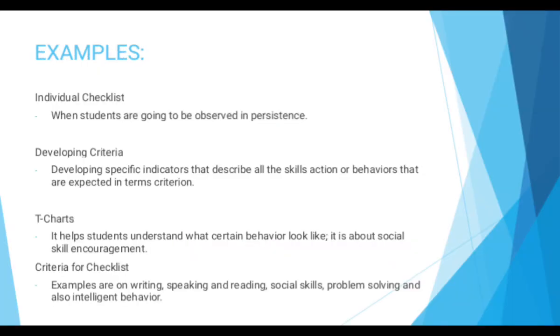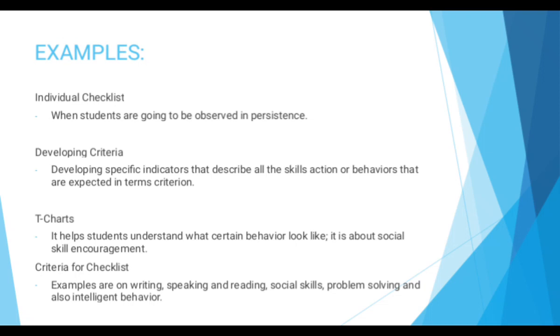Examples of observation checklist. The first example is the individual checklist. Individual checklist is when students are going to be observed in persistence. The second is developing criteria, developing specific indicators that describe all the skills, actions, or behaviors that are expected in terms of criterion.